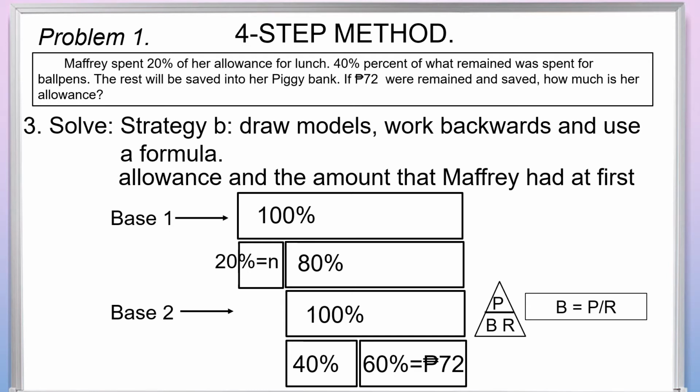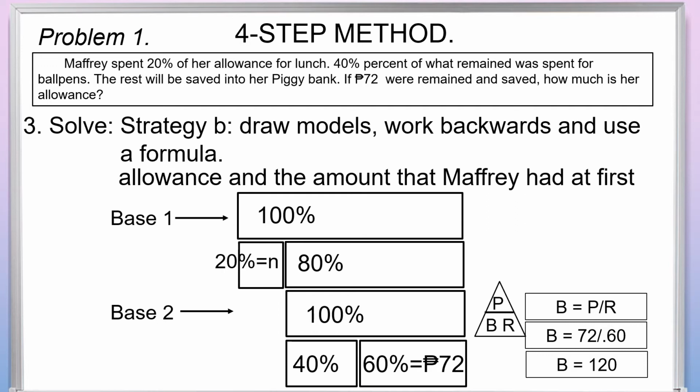So changing the formula, we have 72 as the percentage and 60 hundredths as the rate. Take note that 60% equals 60 hundredths when changed to decimal number. Dividing 72 by 60 hundredths equals 120. Therefore, 80% equals 120, which is base 2.